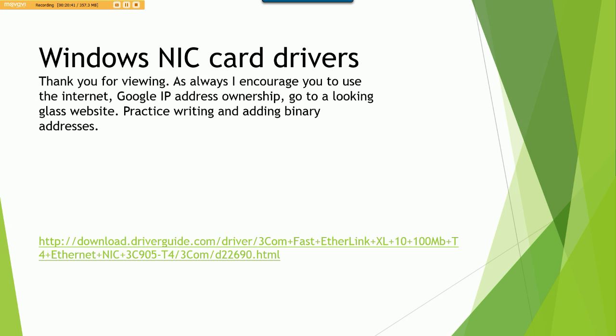If the subnet mask is 24 bits, then the first 24 bits will be used as the network portion, and the last 8 bits will be used as the host portion, with the assignment of each computer, server, or device on the network.